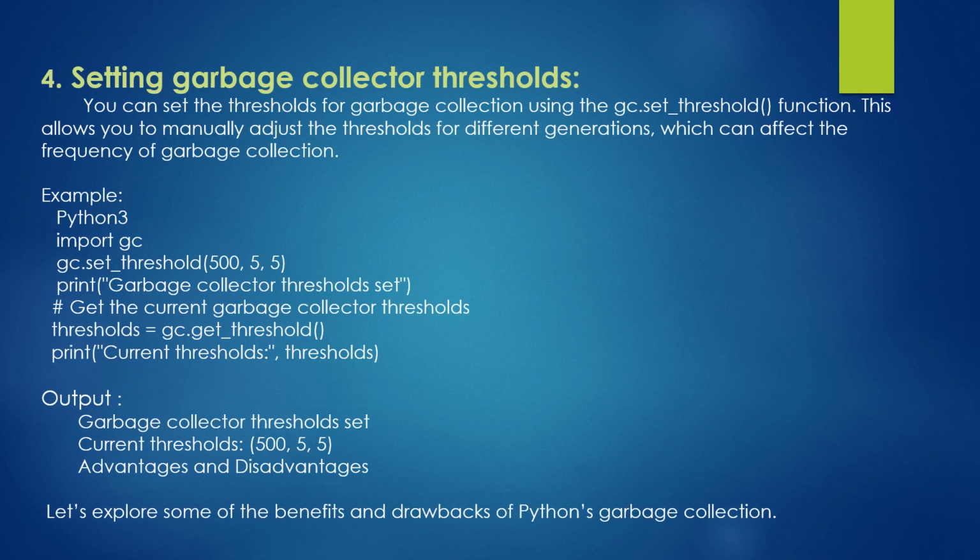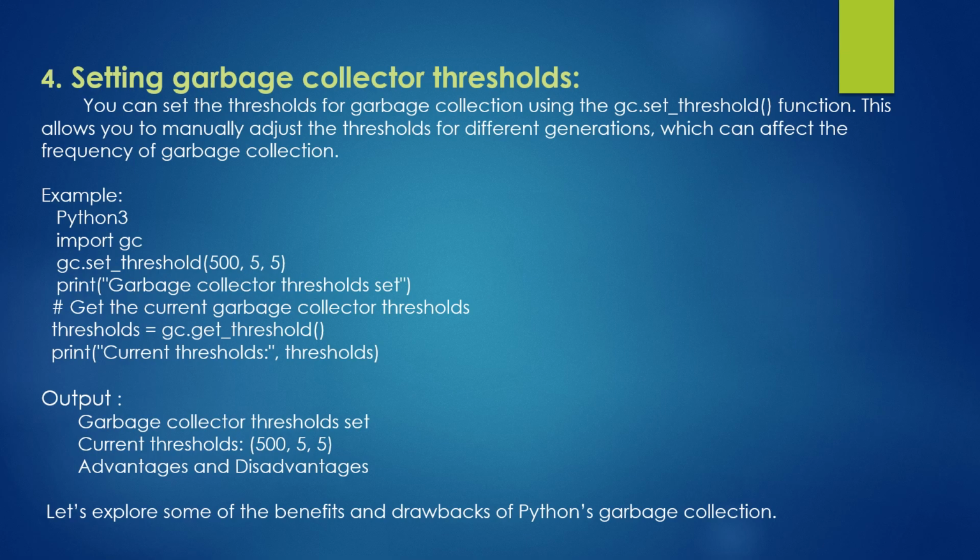Now the last type is setting garbage collector thresholds. You can set the thresholds for garbage collection using the gc.set_threshold() function. This allows you to manually adjust the threshold for different generations, which can affect the frequency of garbage collection.